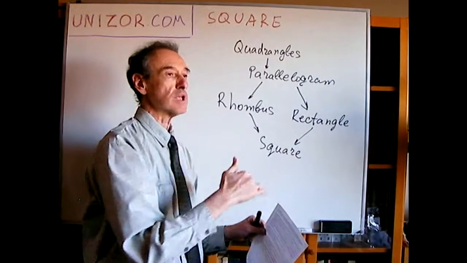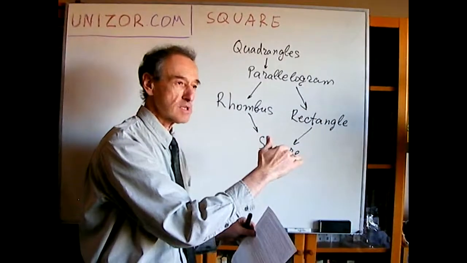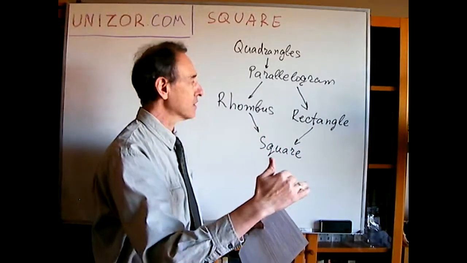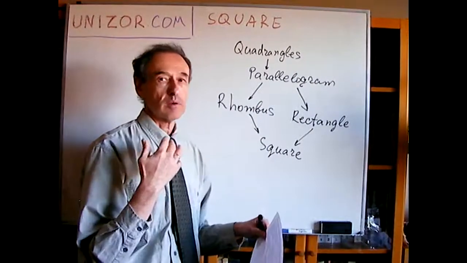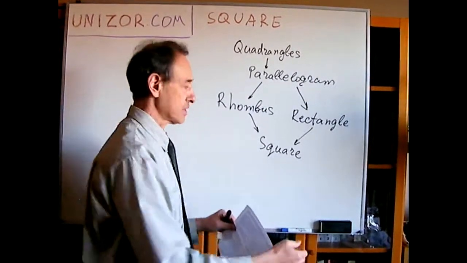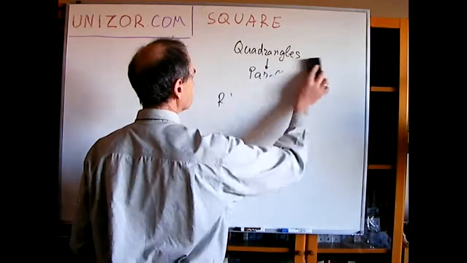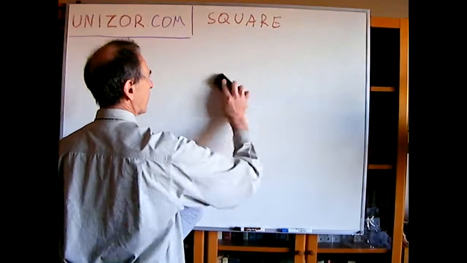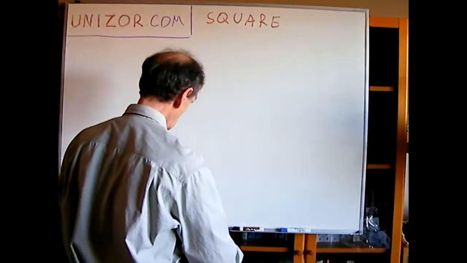So all these 3 categories, properties of the parallelogram, properties of the rhombus, and properties of the rectangle, are all added together, and square basically has all these properties. So what are these properties? I will be very brief because we have already studied all of these.